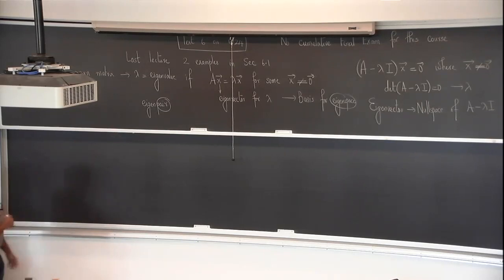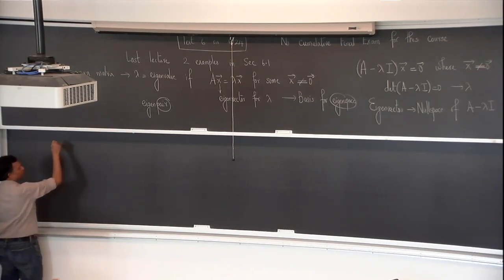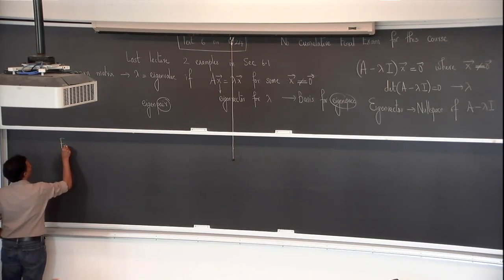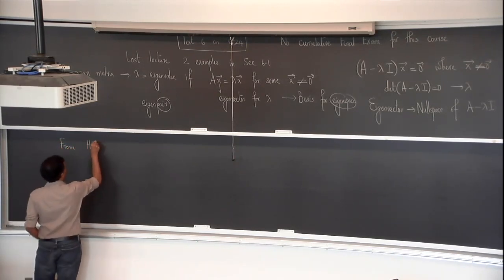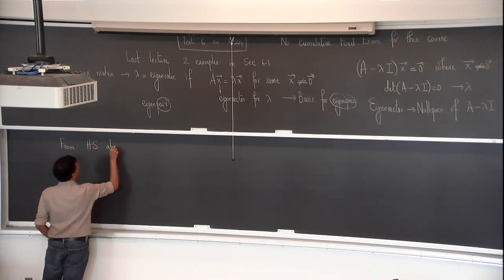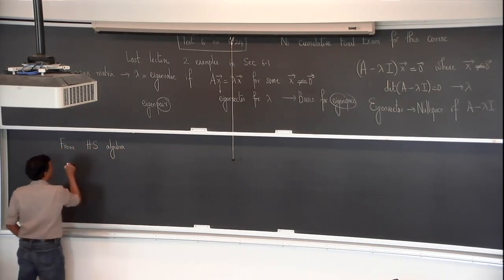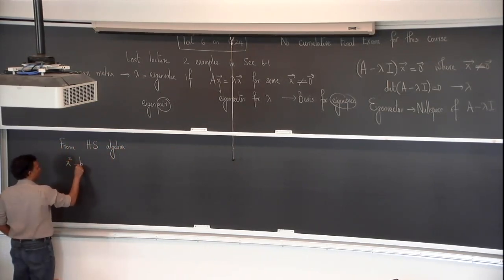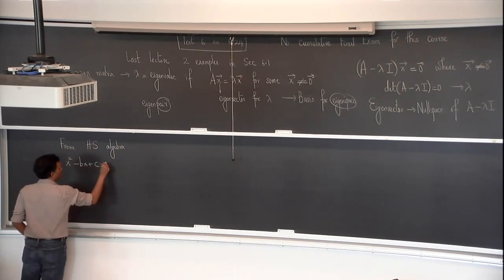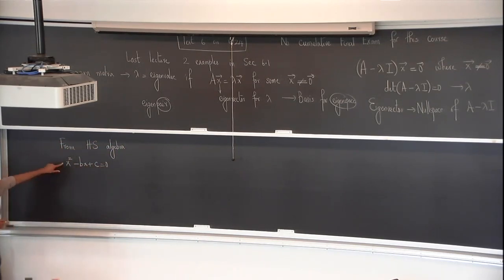Now to show some of the facts that I'm going to illustrate here, let me just mention a couple of simple things about high school algebra. You have a quadratic equation like this, x squared minus bx plus c equal to 0. I purposefully set a equal to 1.